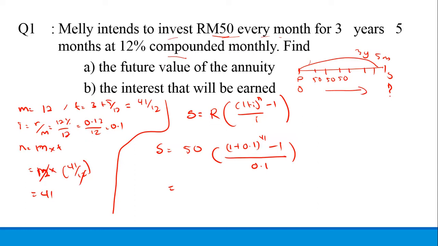I try to calculate first: 1 plus 0.1 to the power of 41, minus 1, divided by 0.1, multiplied by 50, and then you get that S equals RM.